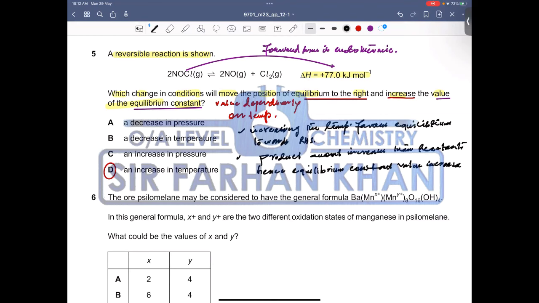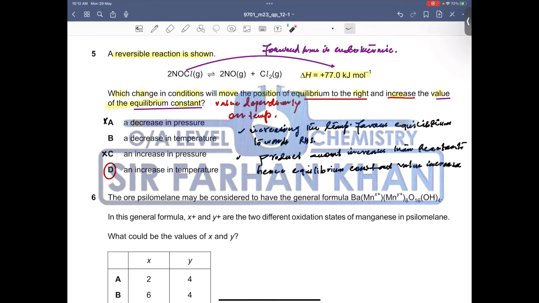Let's talk about the other options. We have 2 moles here and a total of 3 moles here. So according to Le Chatelier's principle, if you increase the pressure, equilibrium favors the right hand side, but pressure has nothing to do with the value of Kp or Kc, which is why A and C are incorrect.